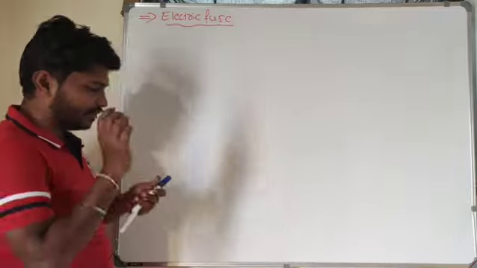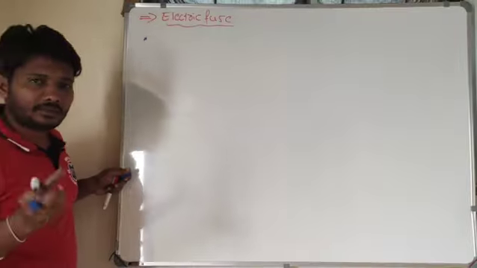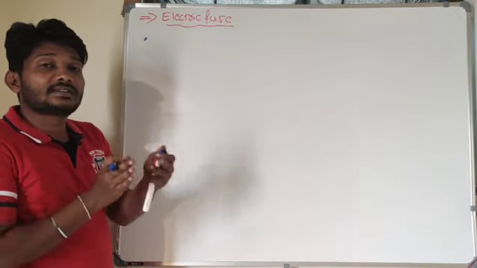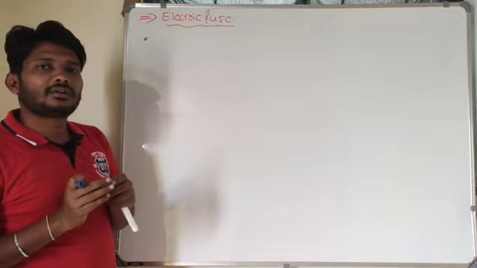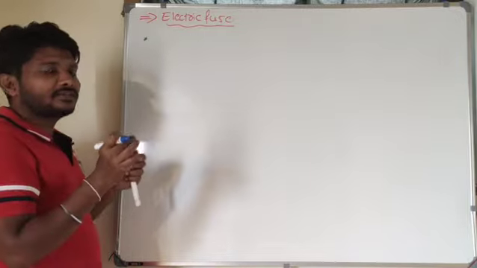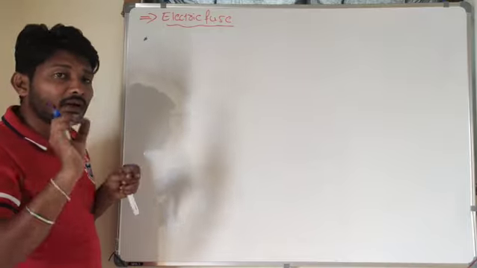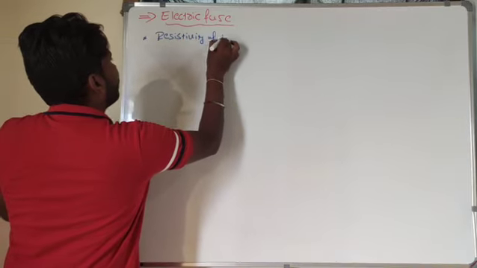In order to get that, I will come to that equation. In the case of electric energy, from Joule's law of heating we got the expression for energy. I will use that same equation. I said the fuse wire has low resistivity. So let me take the resistivity of the wire.